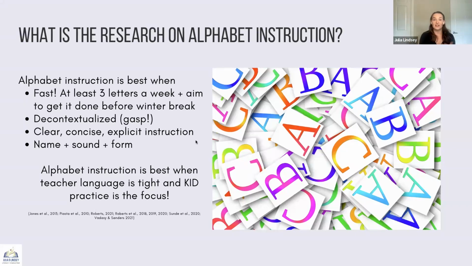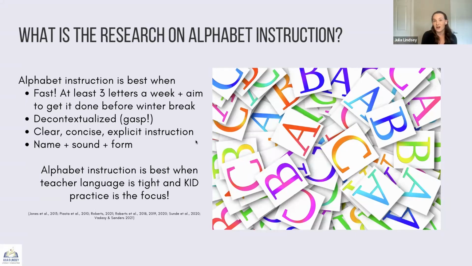We also know from research, and this might be kind of surprising, that the children who benefit the most from a faster pace of alphabet instruction, such as when we get the whole alphabet in before winter break, are actually the children who come into kindergarten with the least amount of knowledge. Again, we can think about this in the same way when we're thinking about, well, what happens at the end of the year if we haven't learned Z yet?